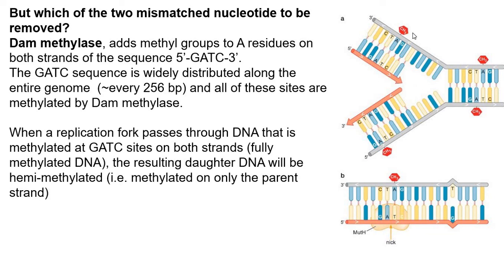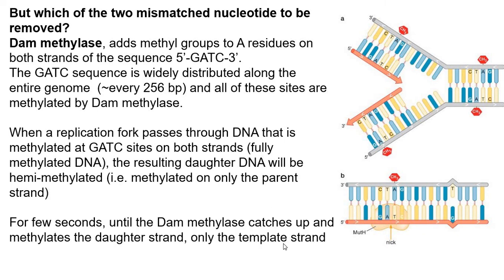So the daughter strand has no methylation yet, only the parental side. So it's hemimethylated at this point, right? For a few seconds, until Dam methylase catches up and methylates the daughter strand, only the template strand is methylated.